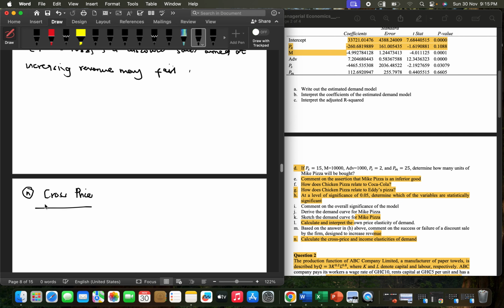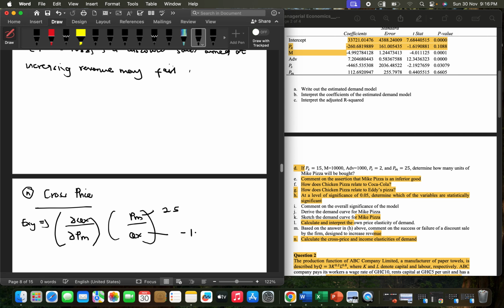So cross price, we have the formula: derivative of QoS with respect to the related price, which in the question was given as PM, times PM over QoS. So they gave us PM in the question. PM is 25. And QoS, we solved ourselves in the question.